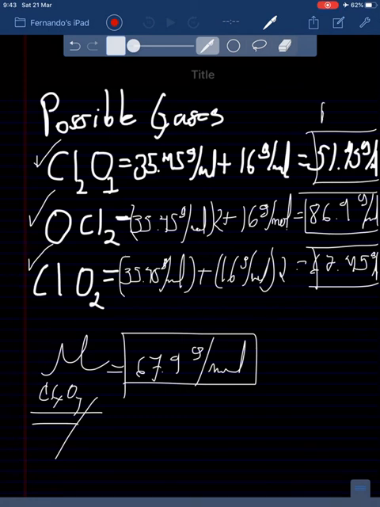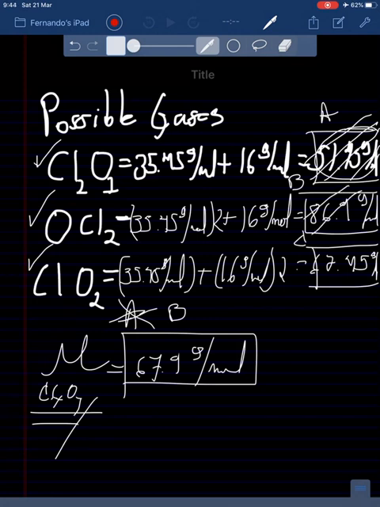This is going to be model A, model B, and model C. For model A, I have 67.9 and 51.4. No, this one is not close at all. So I can say that my proposal A is not working. Let's go with proposal B. I have 67.9 and I compare with 86.9.